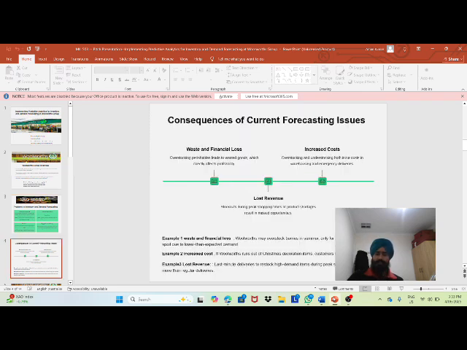Moving forward to the consequences of current forecasting issues. There are a lot of consequences, such as waste and financial loss. Overstocking perishables leads to wasted goods, which directly affects the profitability of the company.